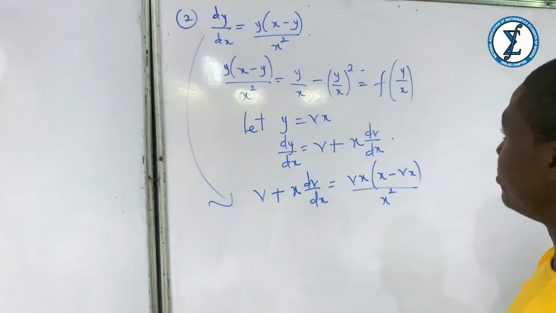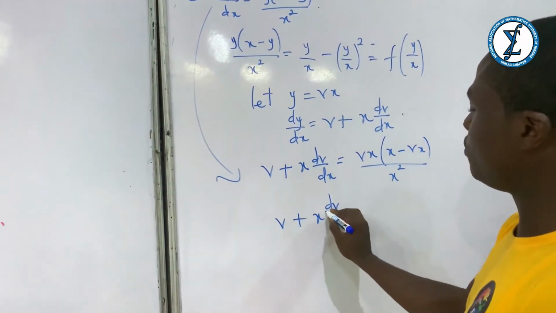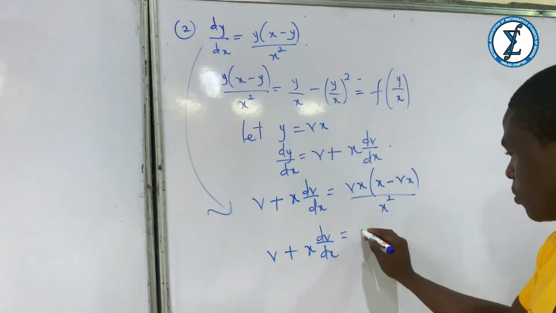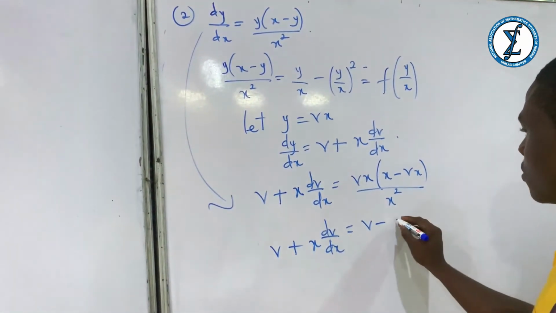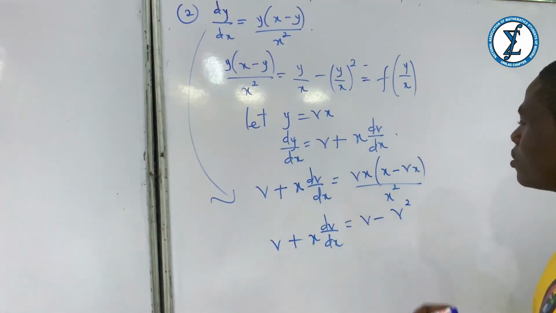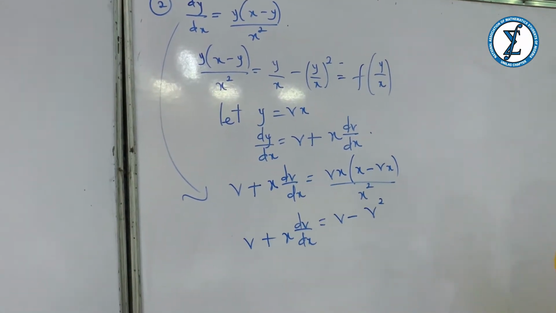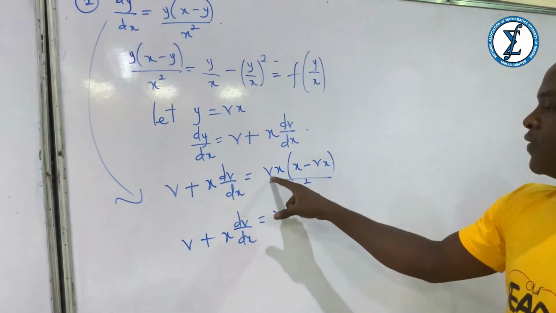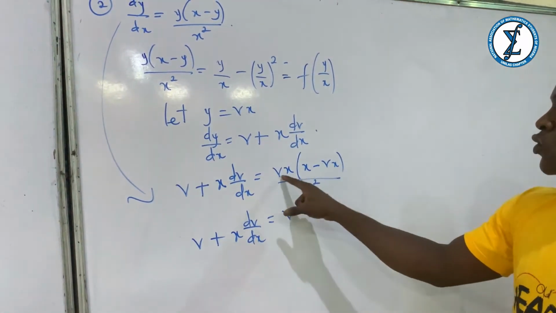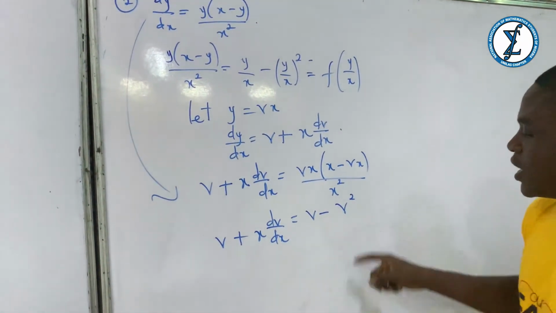So let's simplify now. v plus x dv/dx is equal to v minus v squared. You should expand by yourself and see what we are talking about. vx times x is vx squared over x squared, you have v left. vx times vx, that's v squared x squared over x squared, you have v squared left. So our v here can come to this side.